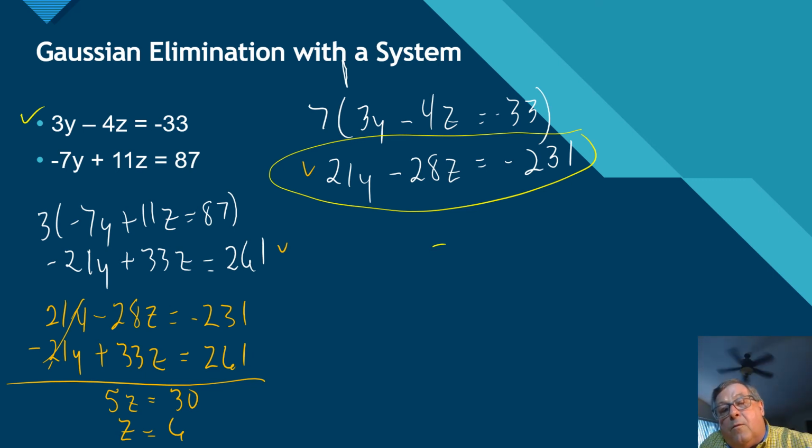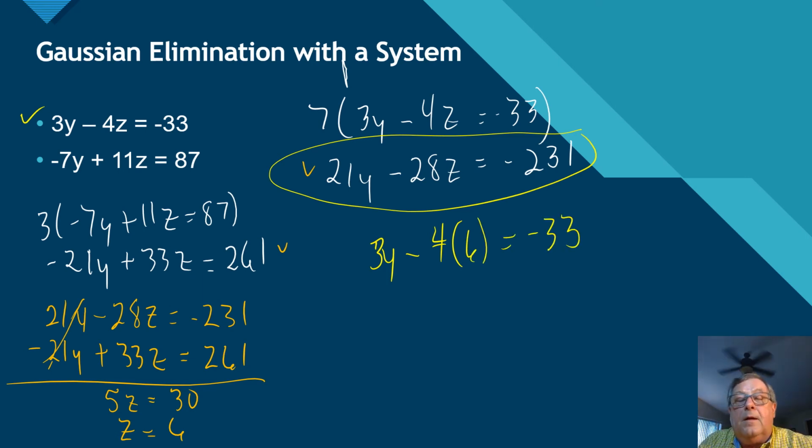So we got 3y minus 4 times 6 equals negative 33. So we got then 3y minus 24 equals negative 33.